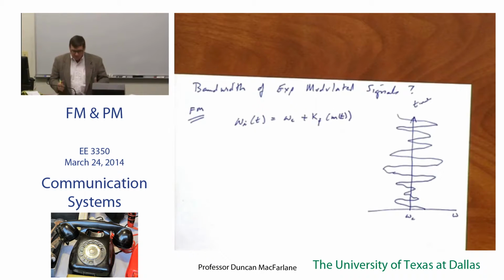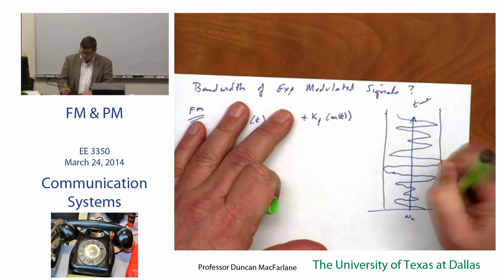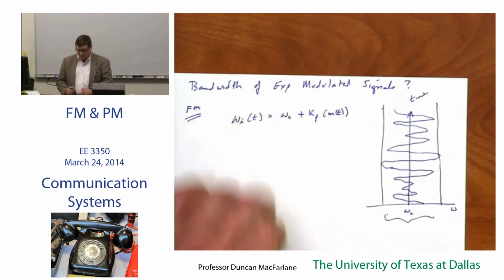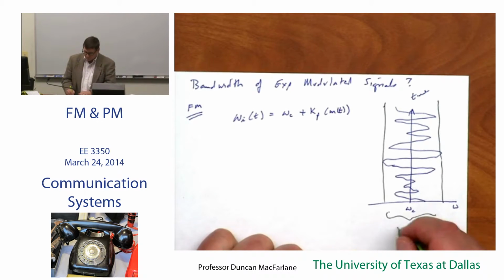And it won't be perfect, and it won't be the best way of doing this. But what I can do is I can sort of draw some lines, and I can say, there's my frequency spread. There's my bandwidth of my FM signal.